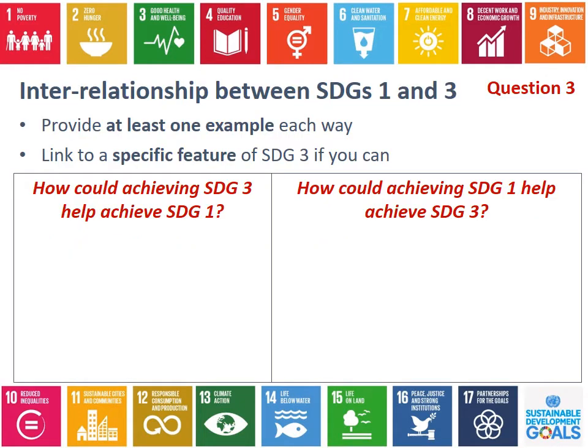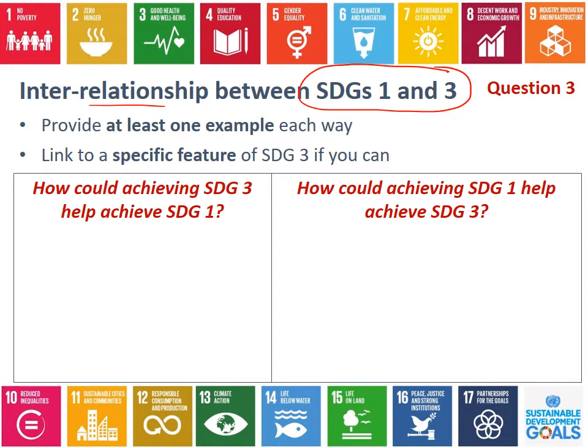Okay, where the marks really tend to come from in the SAC and also in the exam is looking at the relationship between the SDGs that we look at and SDG number 3. So linking back to health. Again, I want you to start thinking about this from everything that we've learnt this year.